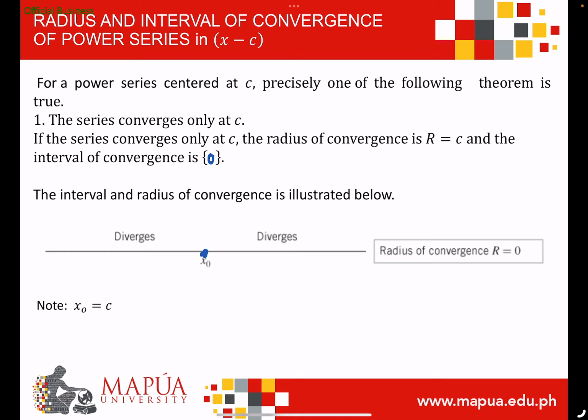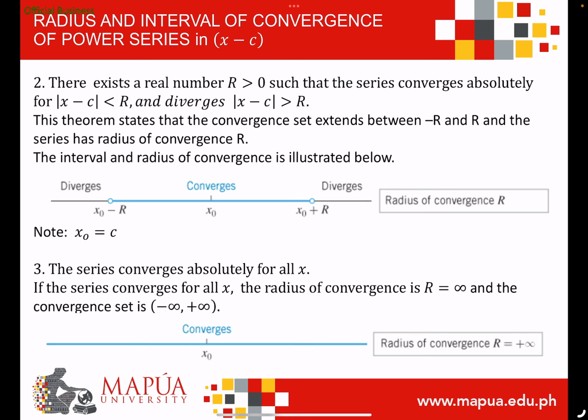It diverges at any value aside from x sub 0, so the radius of convergence is 0 and the center of convergence is at x sub 0 equal to C.